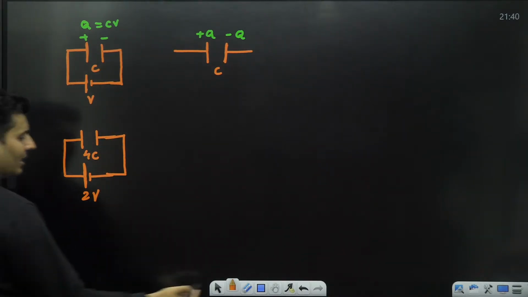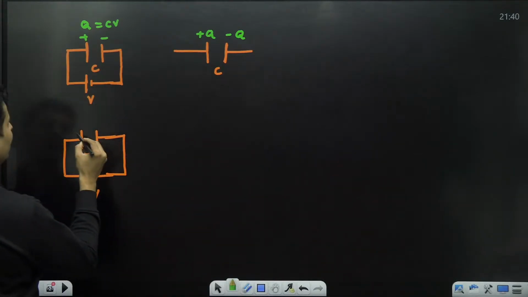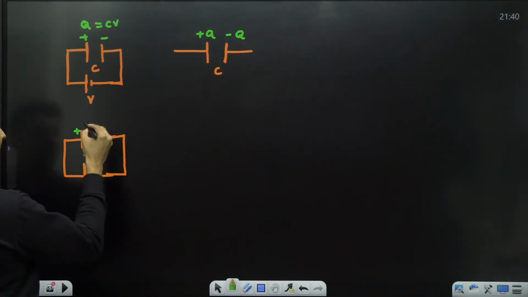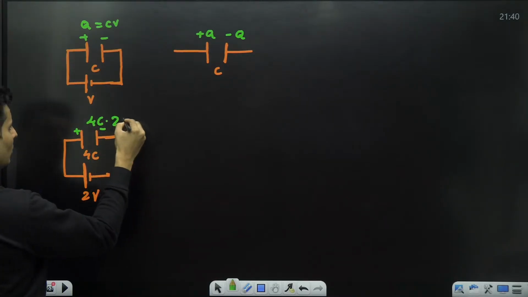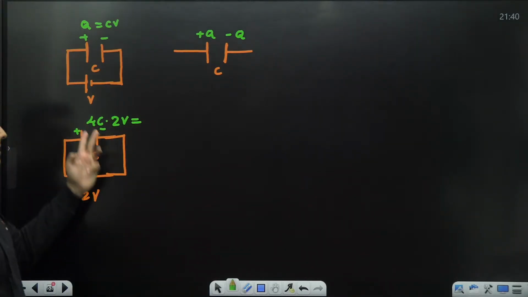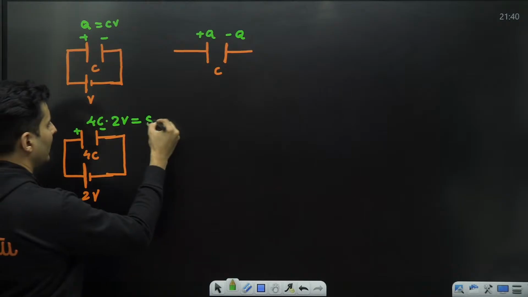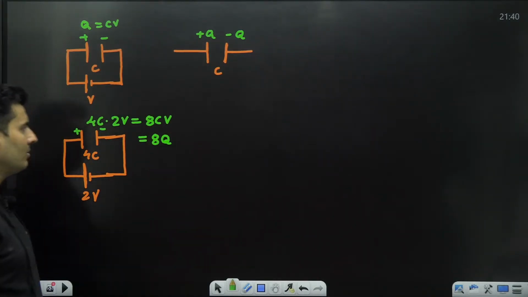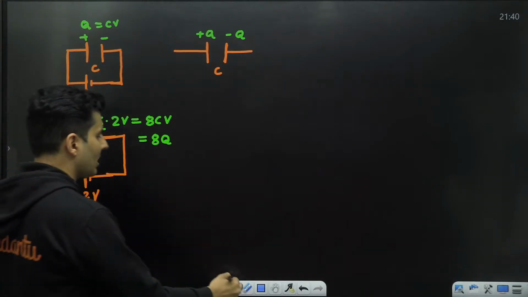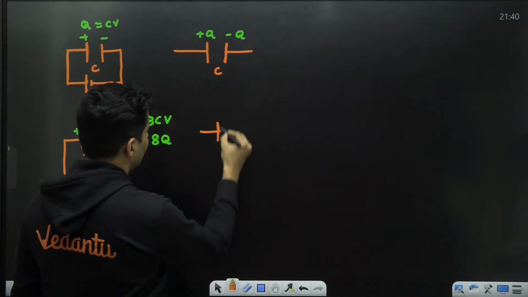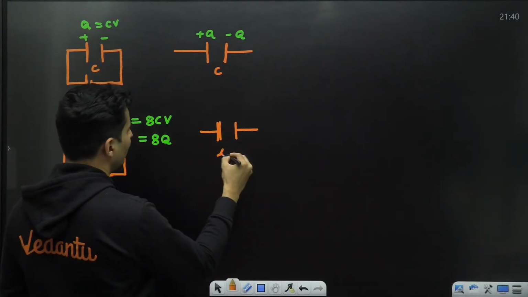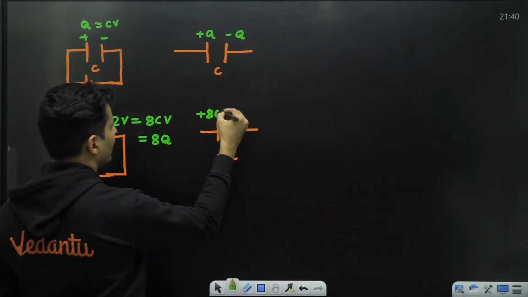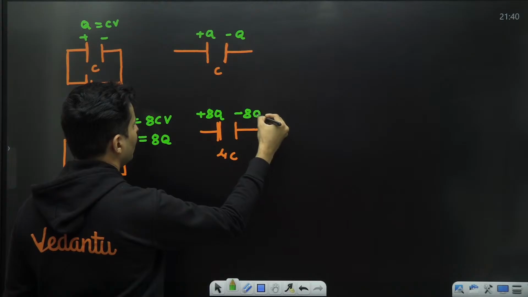So when you have that thing, obviously now the charge will be different. Let's say this is plus minus. This charge, well, it will be 4C into 2V. Yeah, capacitance into voltage is the charge. So it will become 8 times of CV, which is 8 times of Q. So if this had Q, this capacitor, which is charged separately of value 4C, will have a charge of plus 8Q over here and minus 8Q over here.